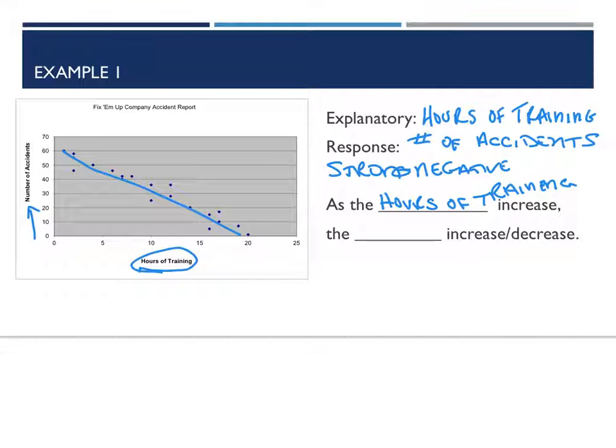The x-axis will always increase because we read a graph from left to right. Look at the x-axis as we go from left to right: we go from 0 to 5, 10, 15, 20. If you go from left to right on the graph, the x-axis is always increasing. So as the hours of training increase, now we want to talk about the y-axis, the number of accidents.